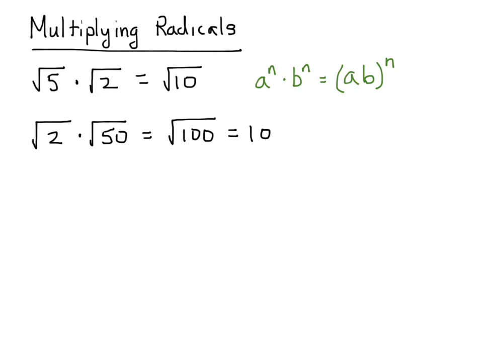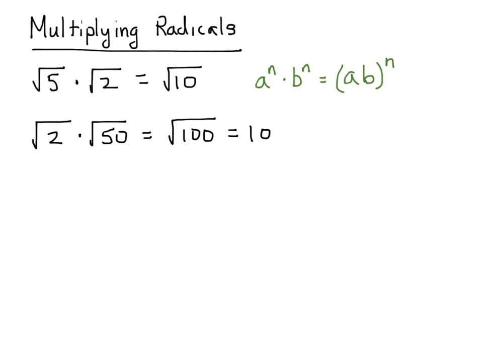Now, with addition, we put a big emphasis on simplifying first, and then we combined. Here, if we did the simplification, I'll just do it on the board, we can do this like 2 times the square root of 2 times, and then this comes out to 5 times the square root of 2, times the square root of 2, and so we get 5 times 2 equals 10.